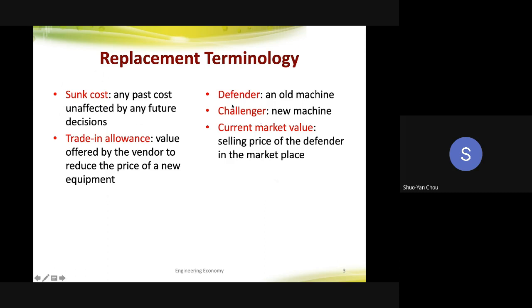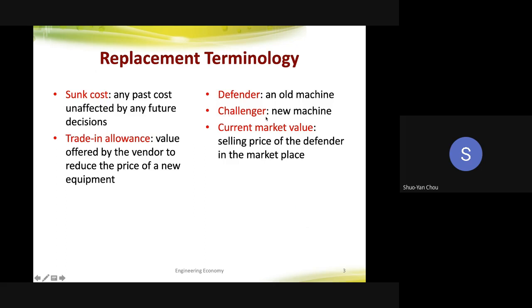And another part is the existing machine, the existing equipment. It's called the Defender. It's easier to understand than saying old and new, which seems a little strange. So we say Defender or Challenger.